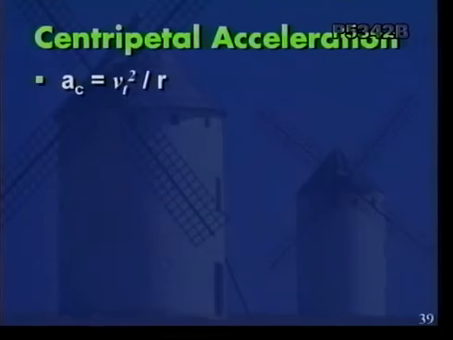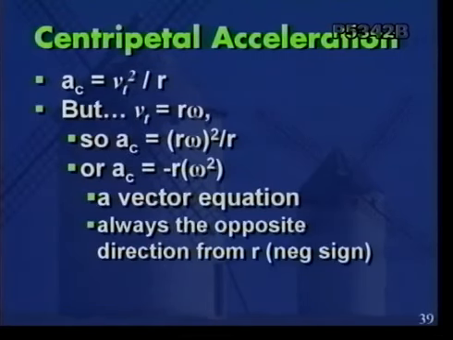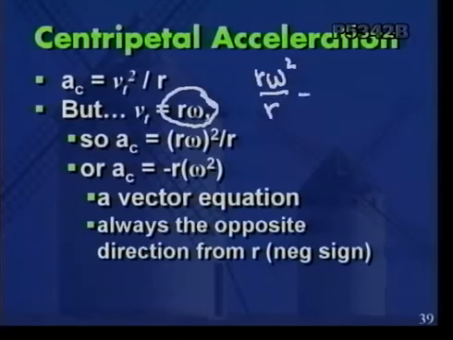So if it's vt squared divided by r, and vt, the tangential velocity, is equal to r omega, which we just had previously, that would be r omega squared divided by r. Well, what's r omega squared? Well, it's r omega times r omega.